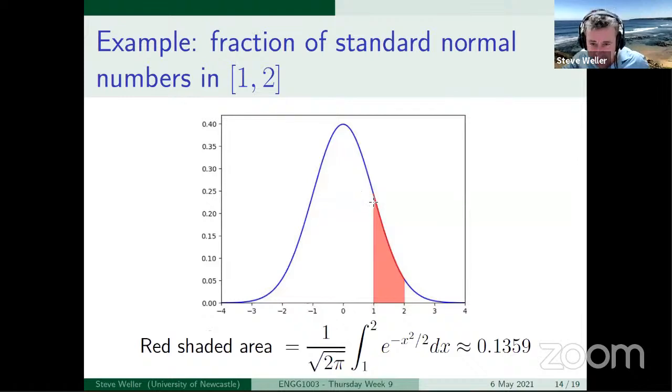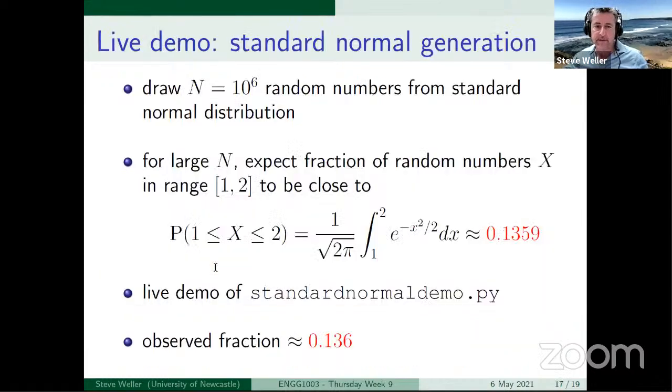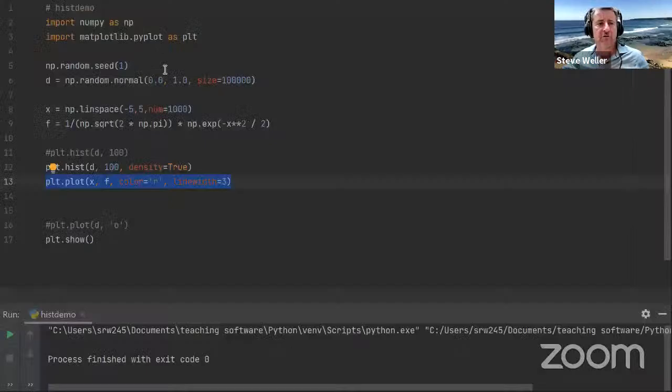Then a call to the very clever function we saw on Monday called fill between allows us to shade in the area under the function on the restricted range, in red. From then on, we specify the axis if you want to fine tune it, which I did, and then show it. So let's have a look at that in code, standard normal.py.